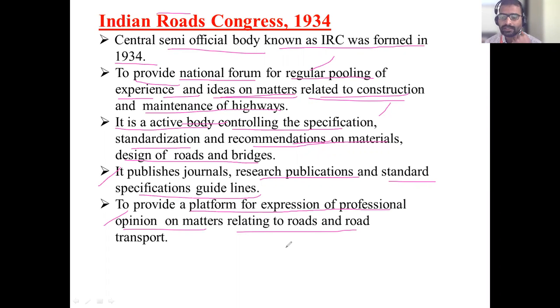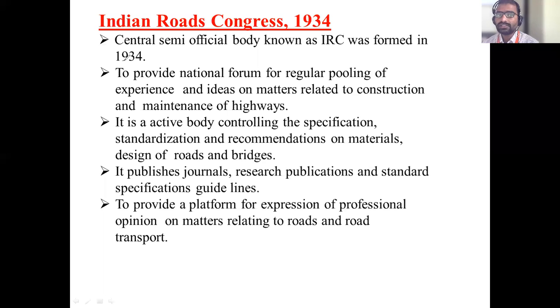I can speak technically, saying these are the standards the IRC has provided, and there may be chances of corrections. This IRC gives the platform to express professional opinion related to roads and road transport. Clear, everyone? What is IRC?